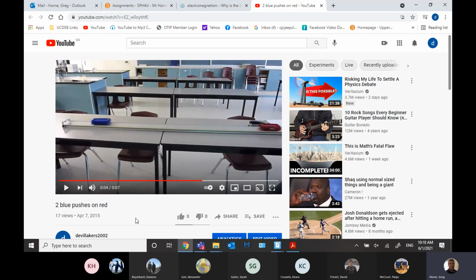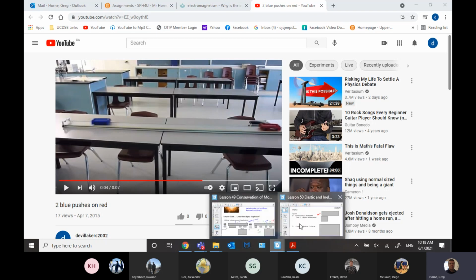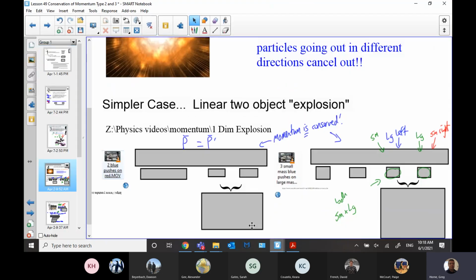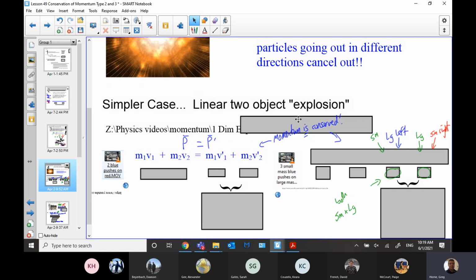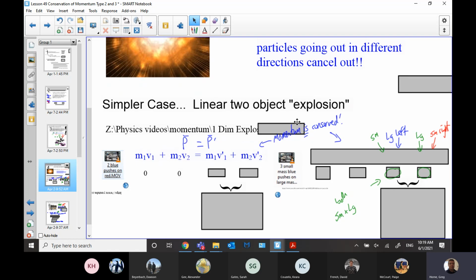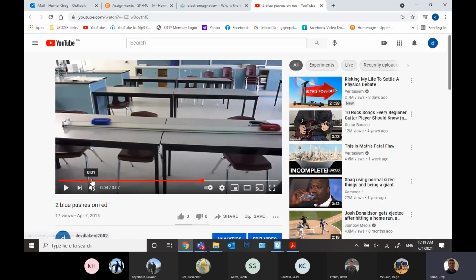But of course, if we did another video where the red one pushes the blue one, there's really no difference because of Newton's third law, right? But at any rate, you could think of the initial momentums as 0 and 0 because they don't have any velocity at all in that video. I'll just hit replay here.